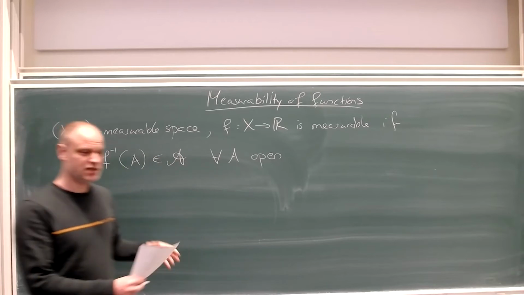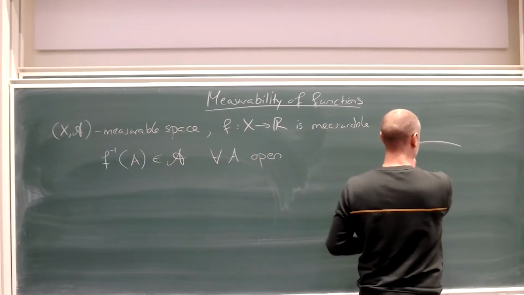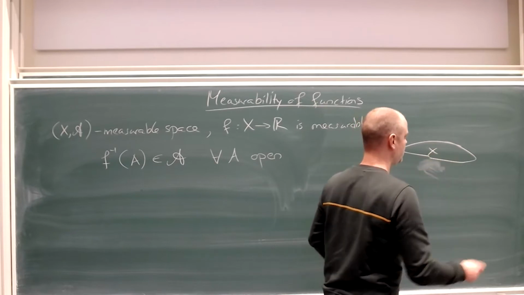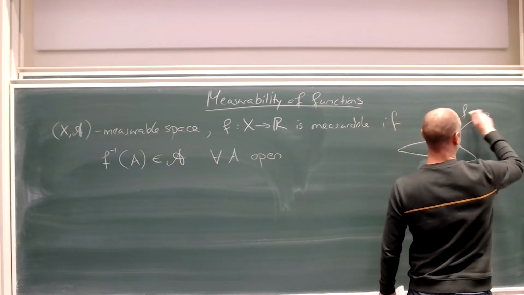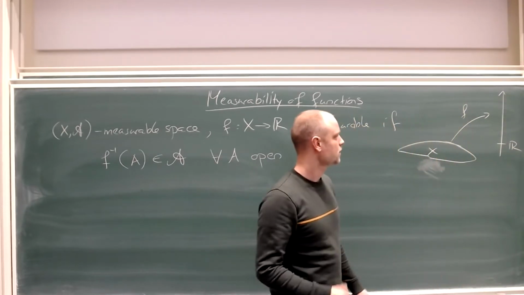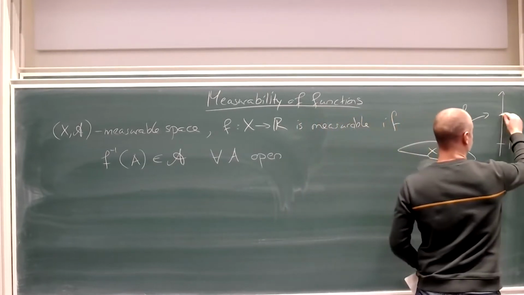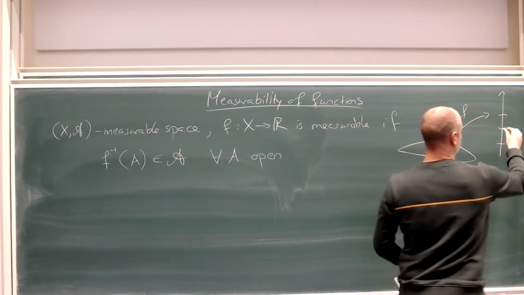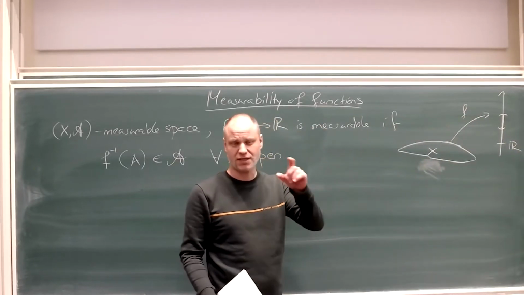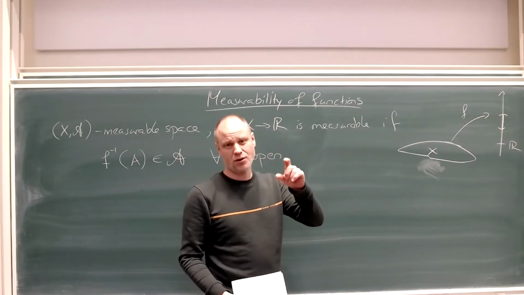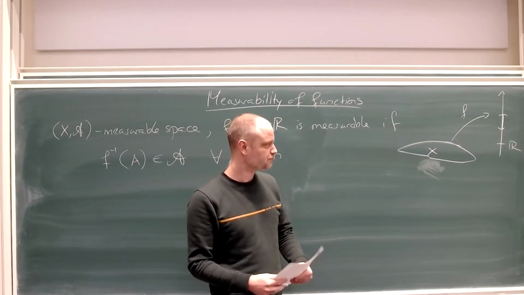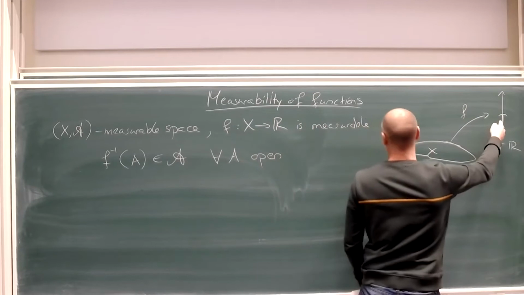This definition maybe feels a bit weird to begin with, but it's not so bad, it's kind of natural. So if this is our space X, and then our function f takes us to the real line. The open sets are nice sets. These are sets that we like to work with. Basically, it's an open interval, or a countable union of open intervals in the worst case. Now, what's the pre-image?